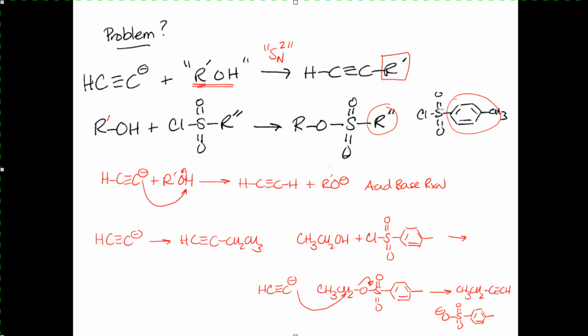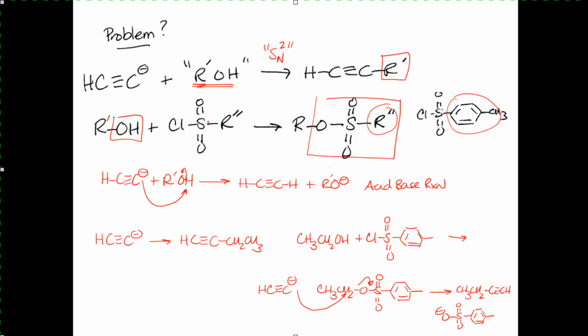So I could do this SN2 reaction using the tosylate ester. It gives me the idea of turning this OH group into a good leaving group, and doing it in a way that I never had to react this with acid.